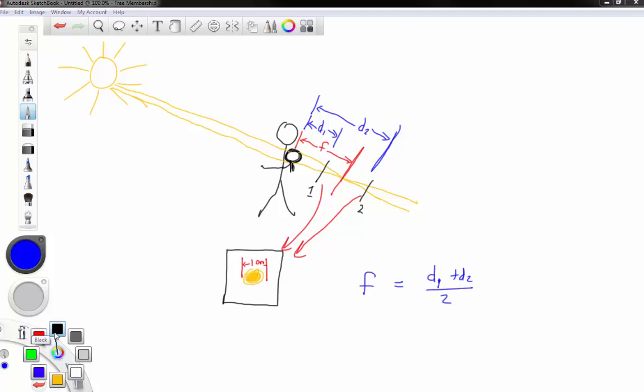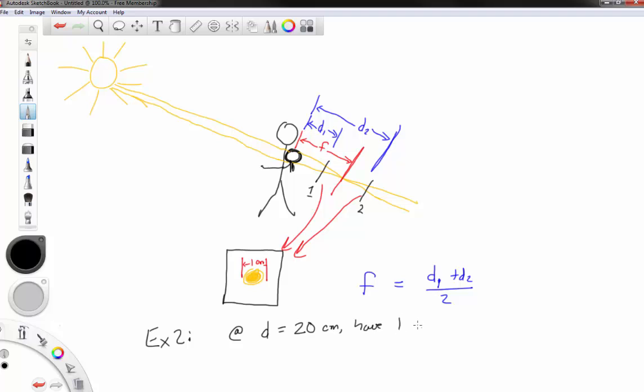To use an example, suppose that this spot appears at D equals, let's say, 20 centimeters, where you have a 1 centimeter spot, and then at D equals 28 centimeters, you have a 1 centimeter spot.